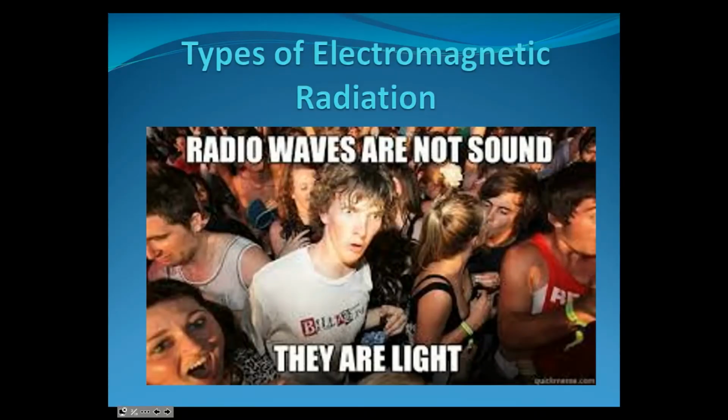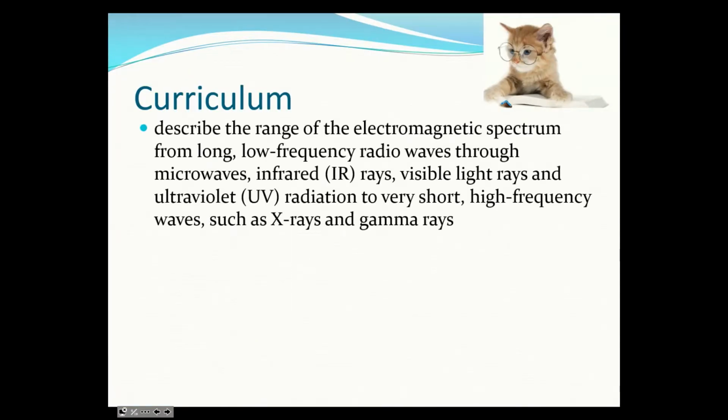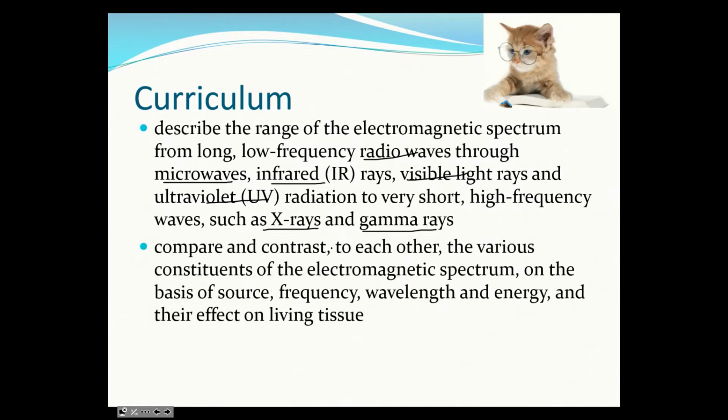So we're going to talk about all the different types of electromagnetic radiation today. So you need to describe the range of the electromagnetic spectrum. You need to know about radio, micro, infrared, visible, ultraviolet, X-ray, and gamma. Those are the ones that you need to know, and those are the ones that are in your data booklet. We're going to talk about the source of these different things.